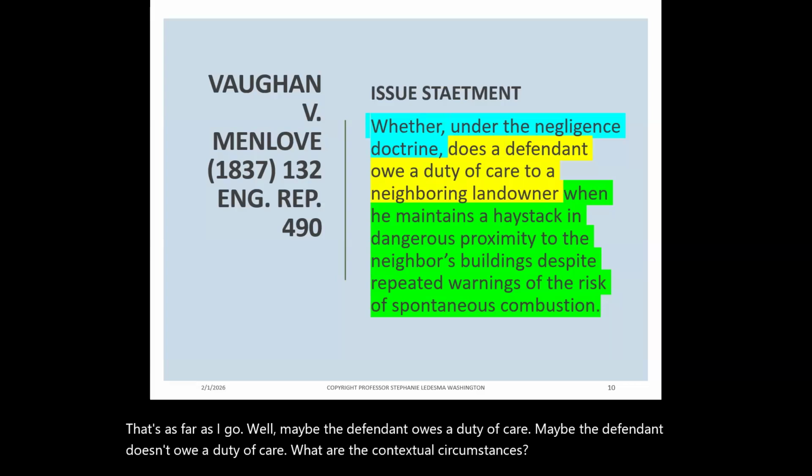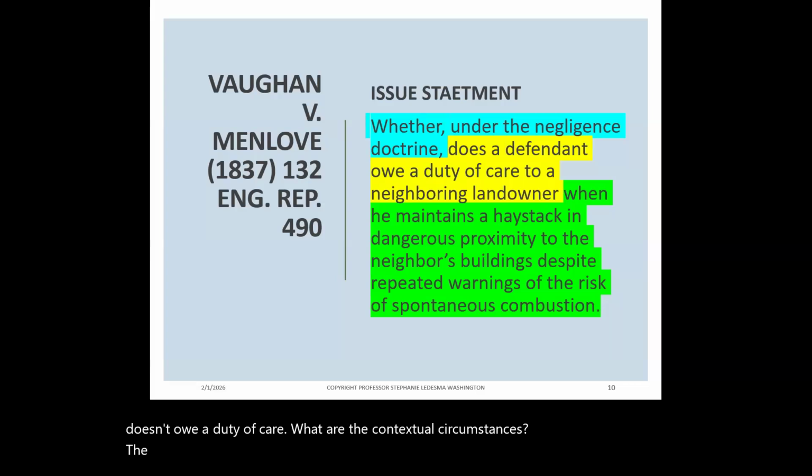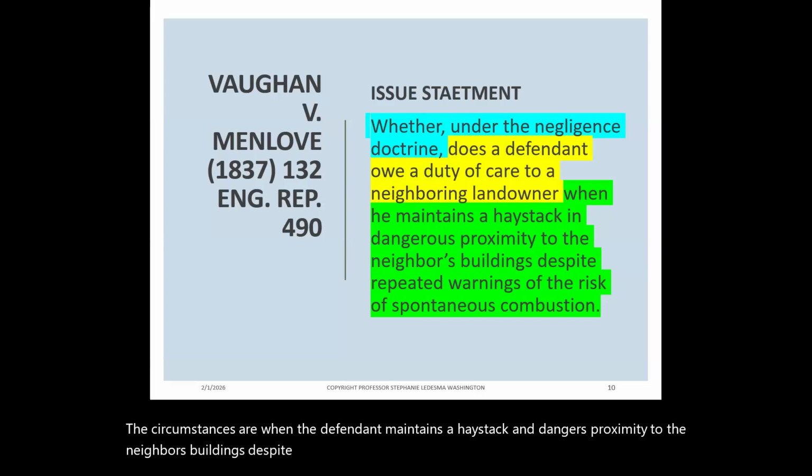The circumstances are when the defendant maintains a haystack in dangerous proximity to the neighbor's buildings, despite repeated warnings of the risk that the haystack will spontaneously combust.